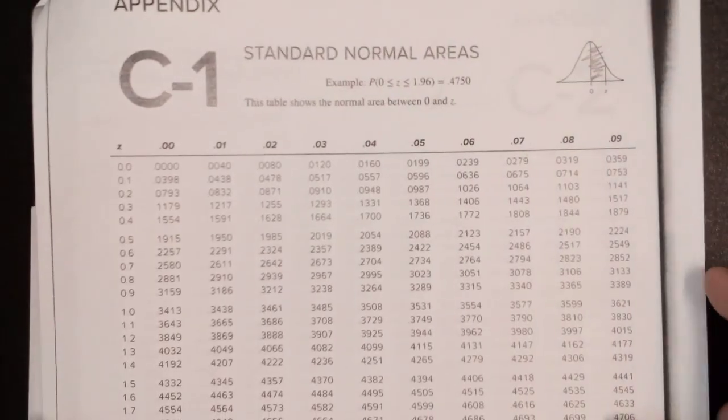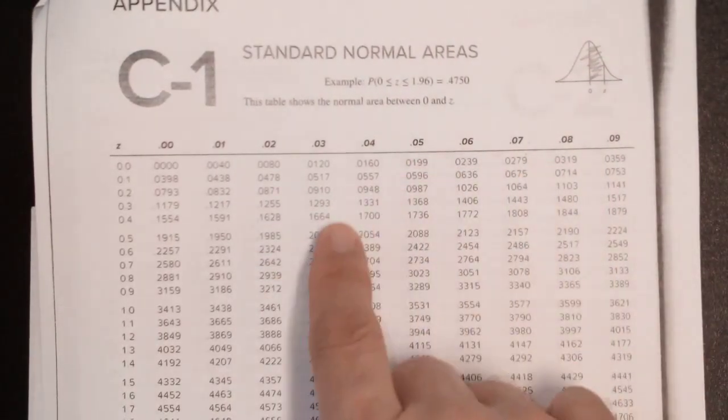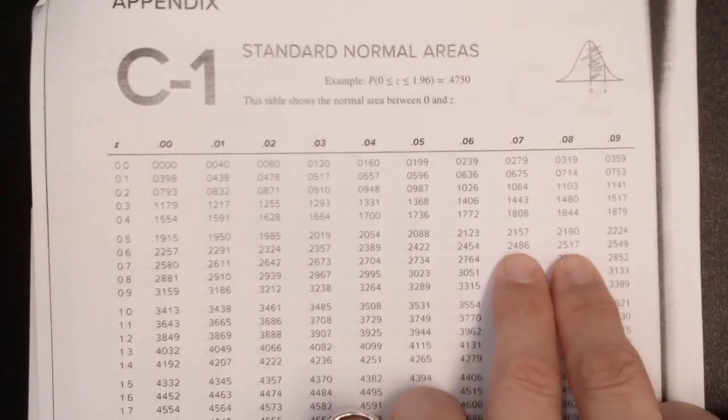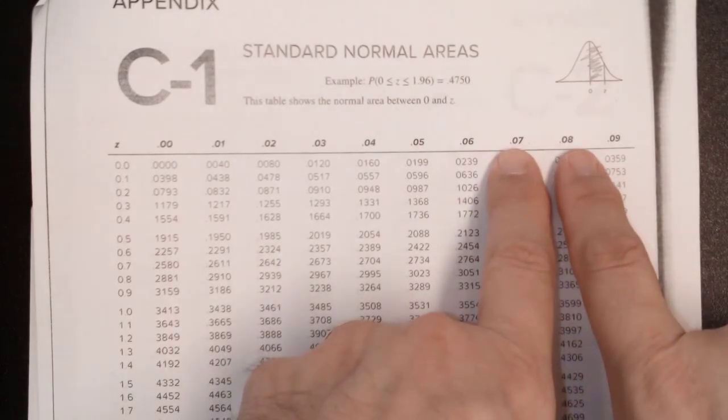When I look up 0.25 in here, what I find is these two numbers. And they're just about the same distance from 0.2500. This one is 14 left, this one is 17 up. So it should be right in the middle between those. Well, between 7 and 8 is 675.